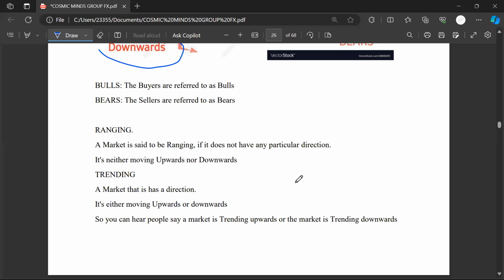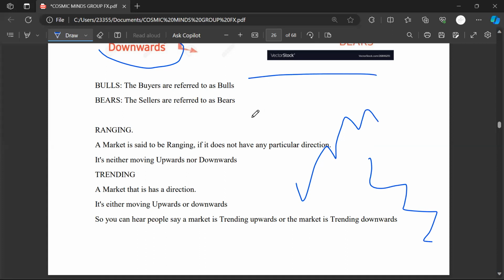So a market could be going this way, right? Or it could be just going downwards, you see. But there are times that you can't identify whether the market is actually going up or down. It's just moving within a channel, such as this, right? So when it happens this way, you don't really know if it's an uptrend or downtrend.